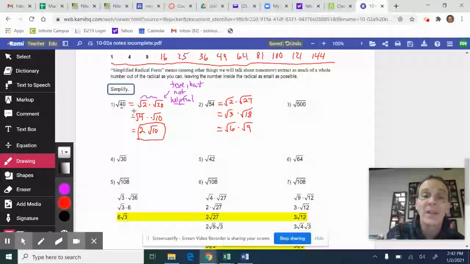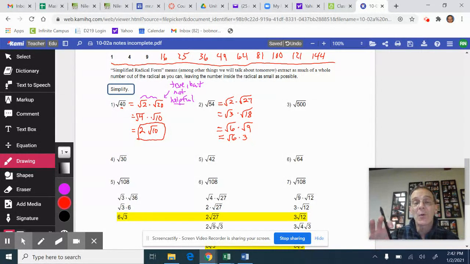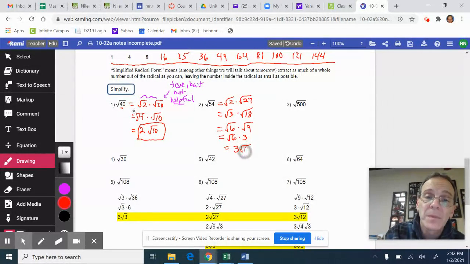What is the square root of 9? It's 3. Okay, so now we've managed to extract a whole number out of the original square root of 54. But you don't want to leave your answer like that because we always like to write the whole number in front. And then there's no need to put the multiplication symbol in between. Okay?